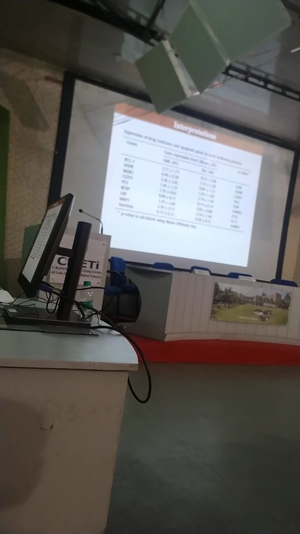Why I have deliberately used this slide: you can see here that we express the gene expression level in terms of mean plus minus SD. That means the original data form. You can see values here, say 2.71, 1.77.